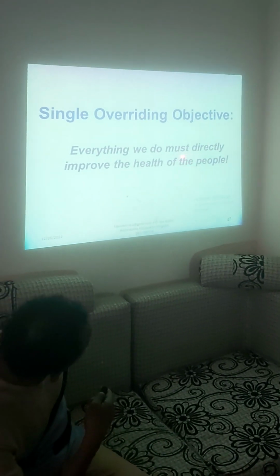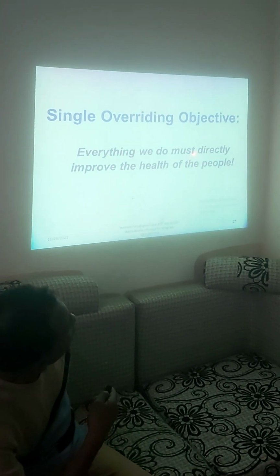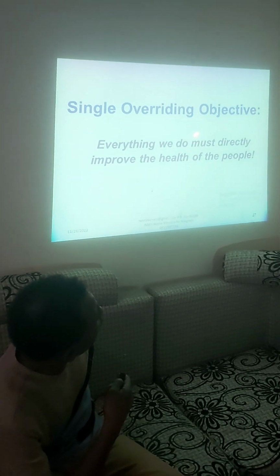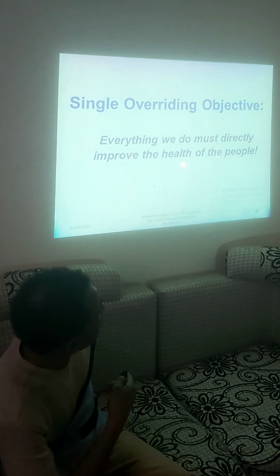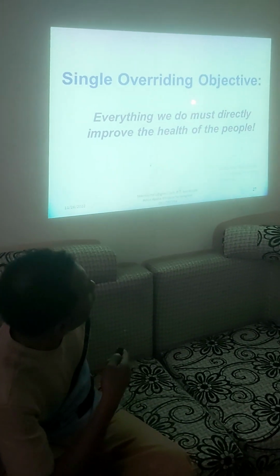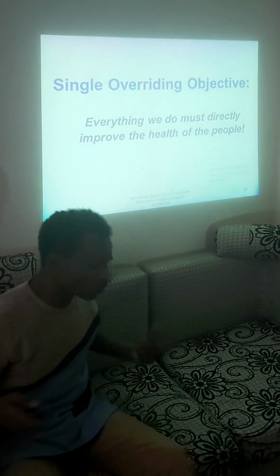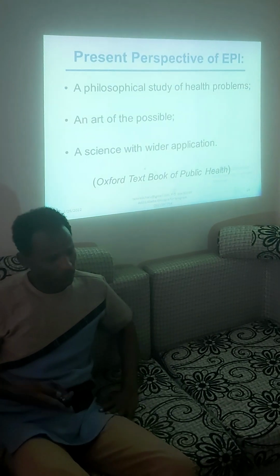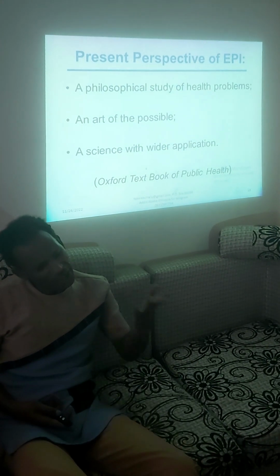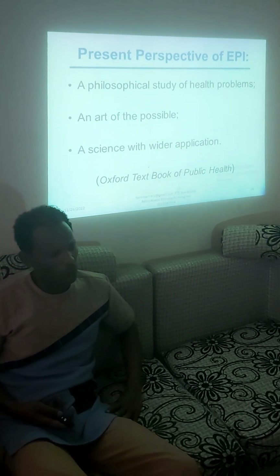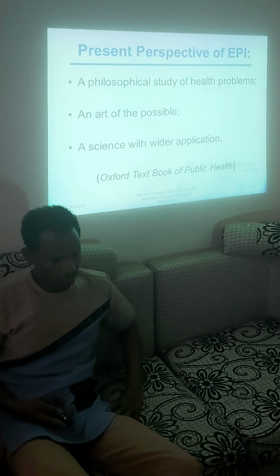This is why epidemiology is the science of solving health problems, the cornerstone of public health, and the basic science for public health. Here is all about the philosophy of epidemiology.